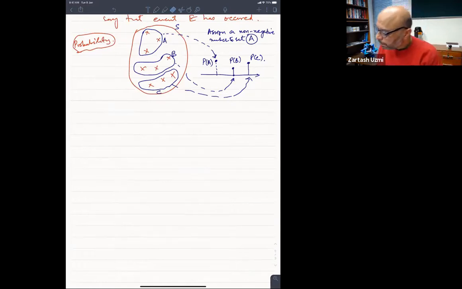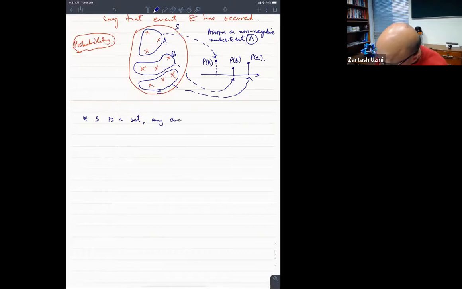Okay? Now, as we said here that sample space S is a set, any event derived from S, meaning we have taken a subset, is also a set.